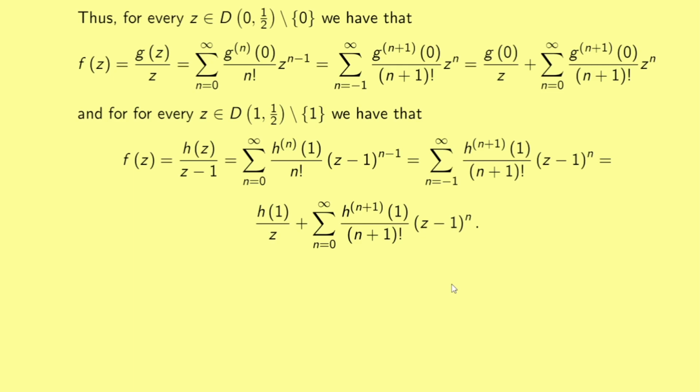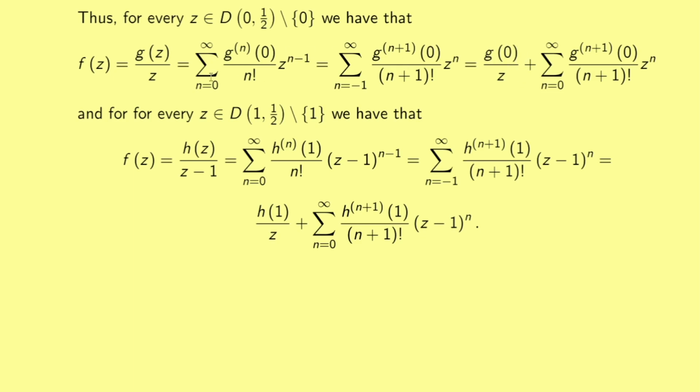By definition, the residues of f at 0 and at 1 are just the complex numbers which occupy the minus 1 slot, the number multiplying 1 over z.